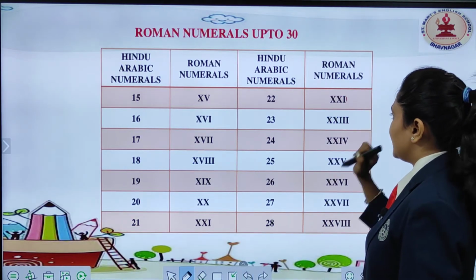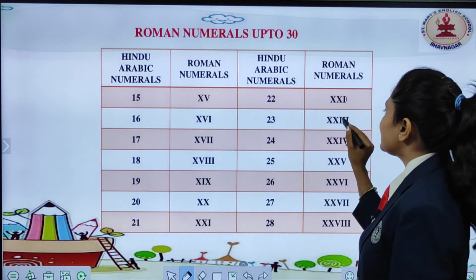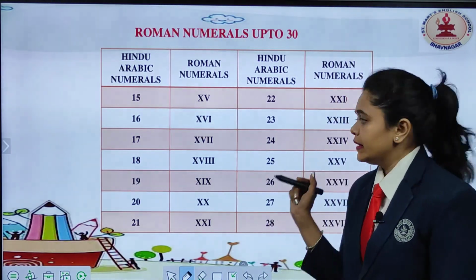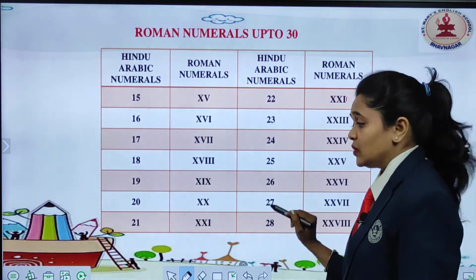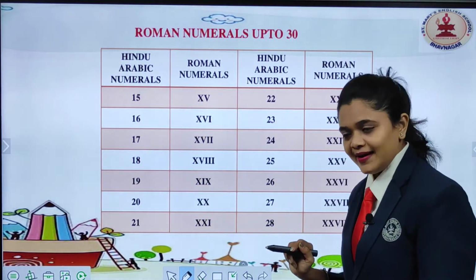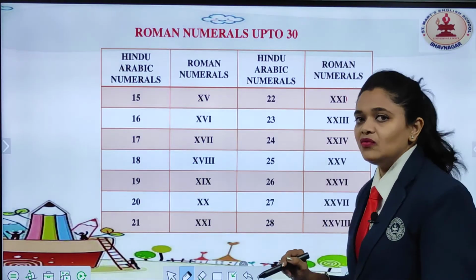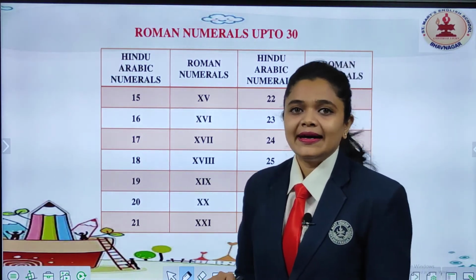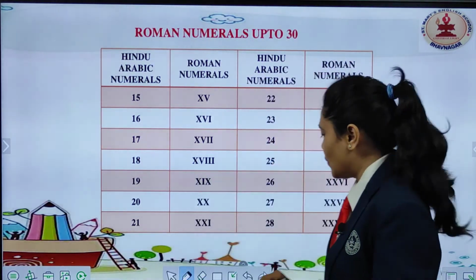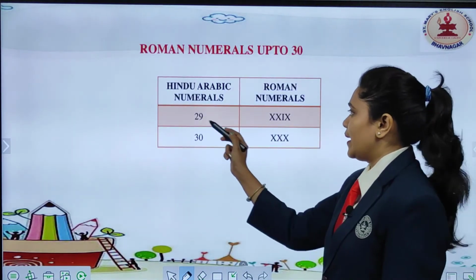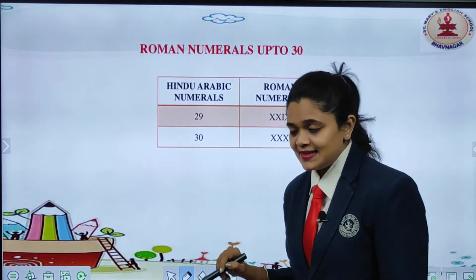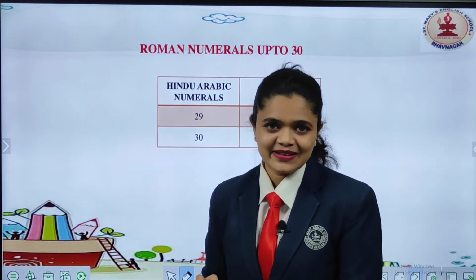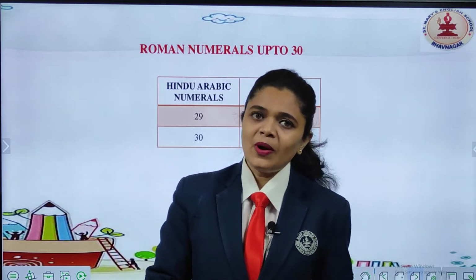One more I we will add to it. 23, XXIII, 24, XXIV, 25, XXV, 26, XXVI, 27, XXVII, 28, XXVIII. Last 2 digits left, right? Let us see to it. 29, XXIX, and at last 30, XXX. Right, children? So, I hope you know how to write it.